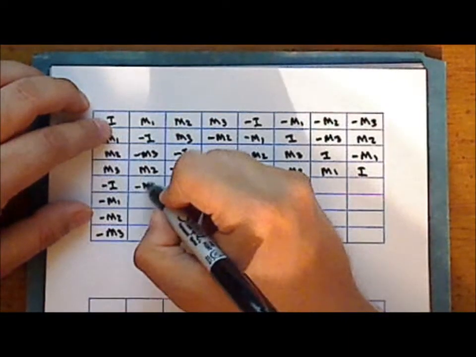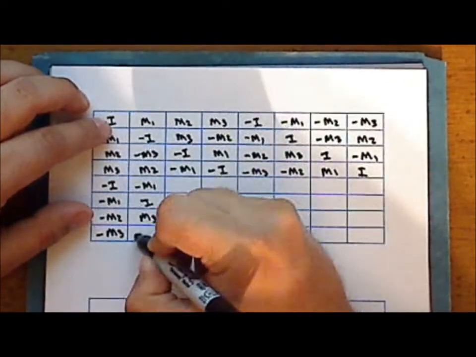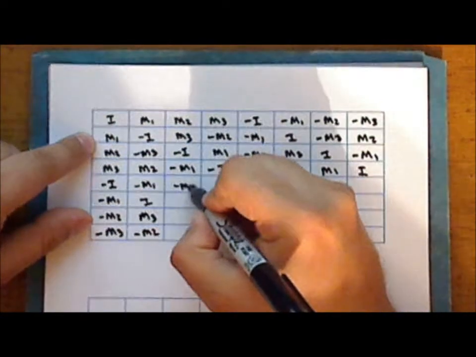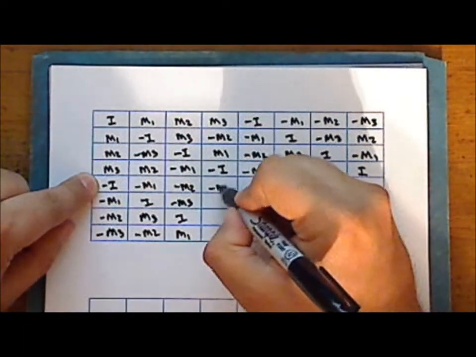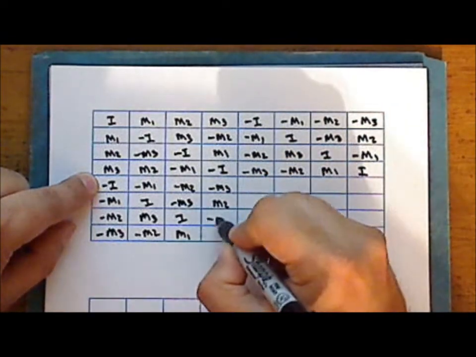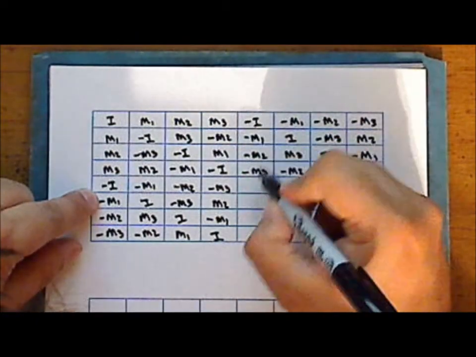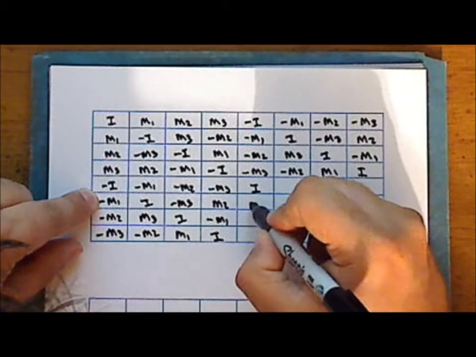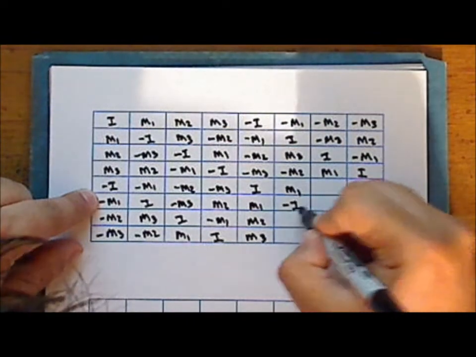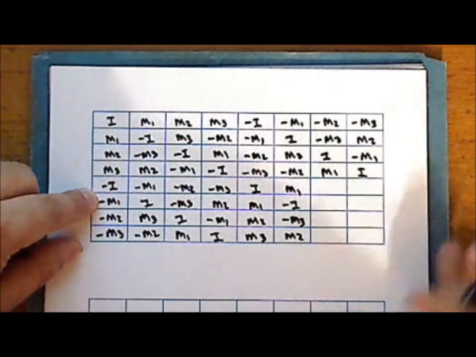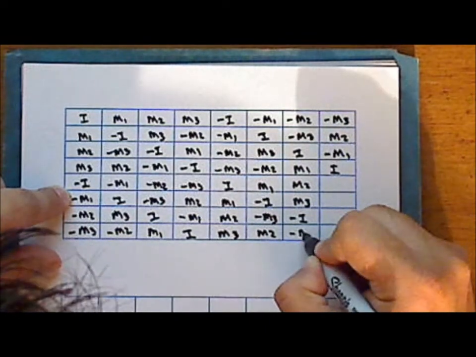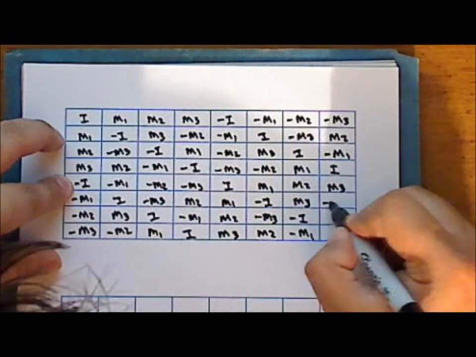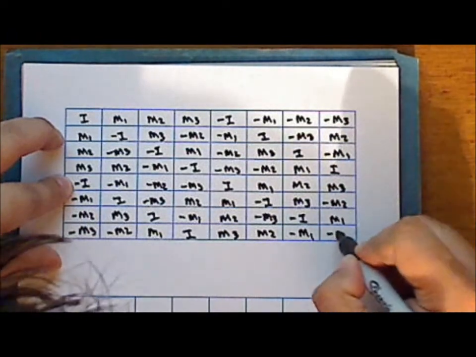And so we have negative M sub 1, I, M sub 3, negative M sub 2, negative M sub 2, negative M sub 3, I, M sub 1, negative M sub 3, M sub 2, negative M sub 1, I, M sub 1, M sub 2, M sub 3, M sub 1, negative I, negative M sub 3, M sub 2, M sub 2, M sub 3, negative I, negative M sub 1, M sub 3, negative M sub 2, M sub 1, negative I.